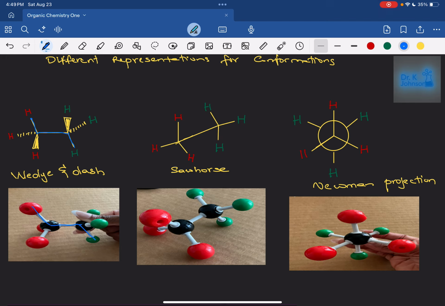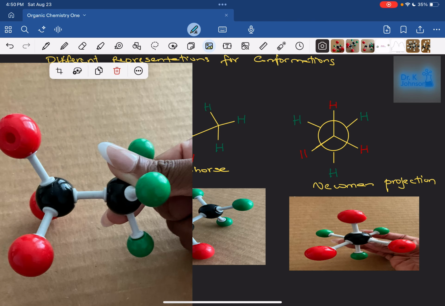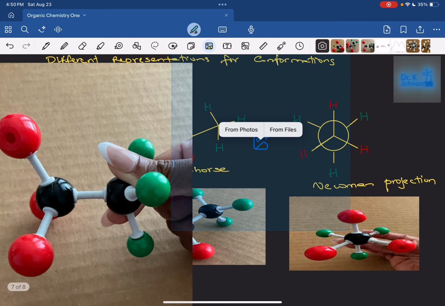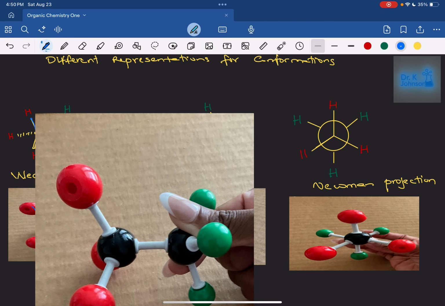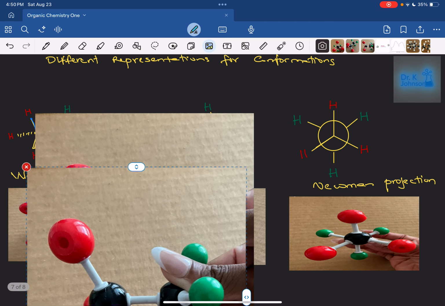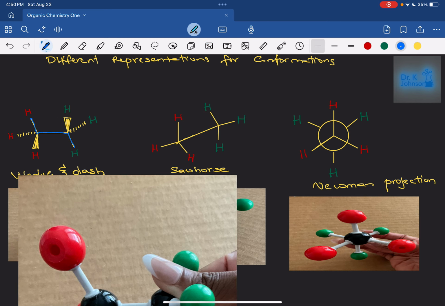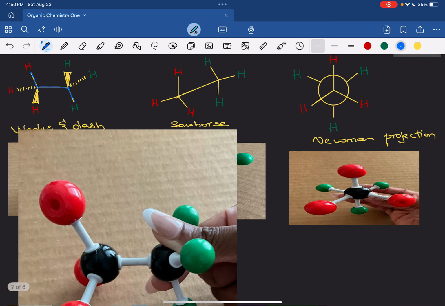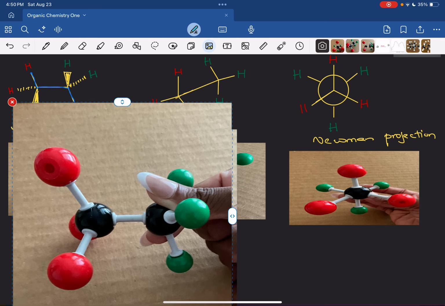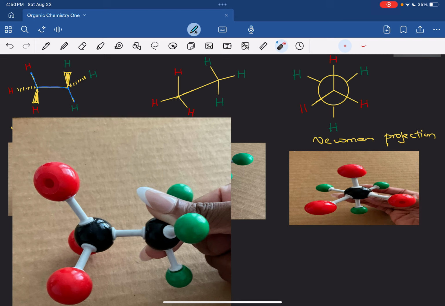Your wedge hydrogen here is this hydrogen. Let's put that blue line back in here.